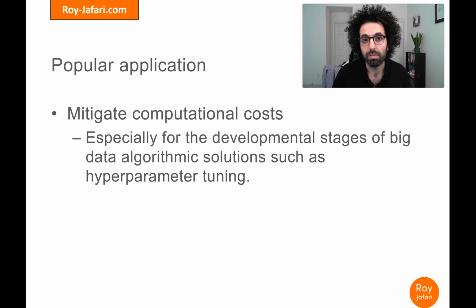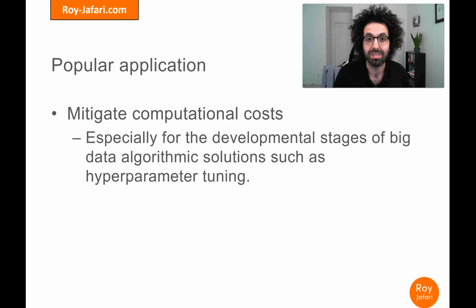There are a lot of experimentations that go into tuning and finding the best set of attributes and a lot of other things, and in those developmental stages it would speed things along if we were able to have less computationally expensive processes.